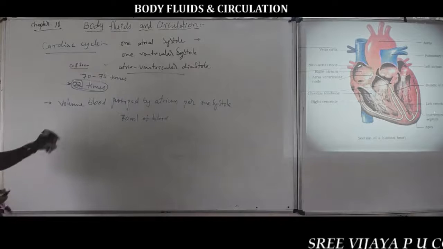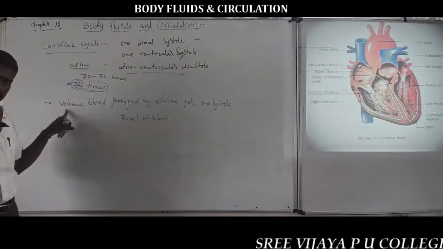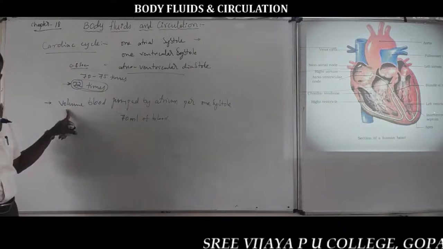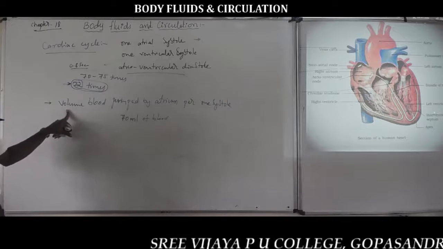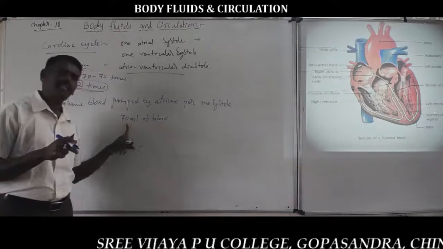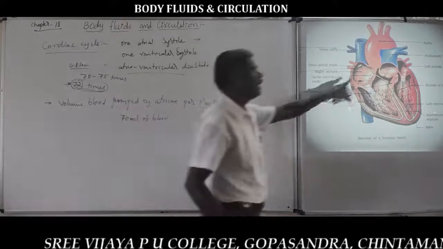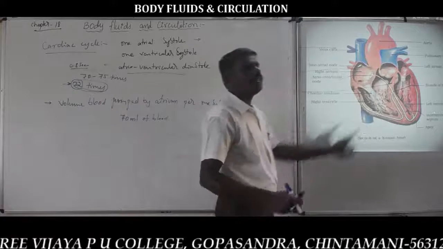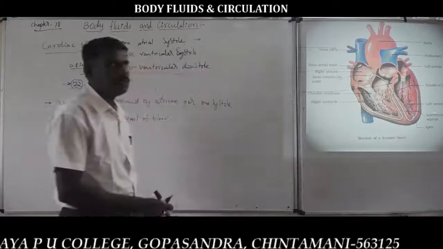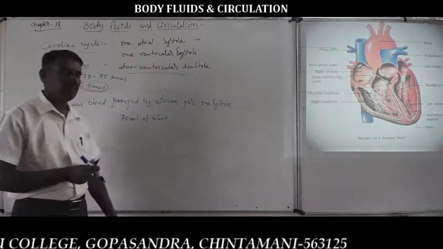So it is nothing but once an atrium contracts, which is systole, it pumps 70 ml of blood from the atrium to the ventricle through the tricuspid valve.